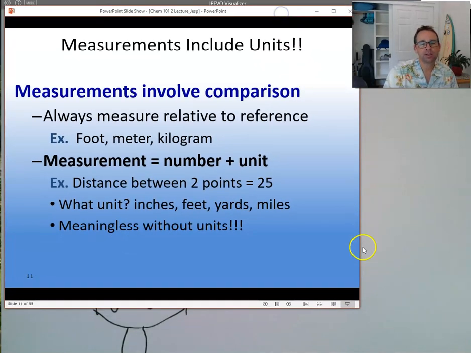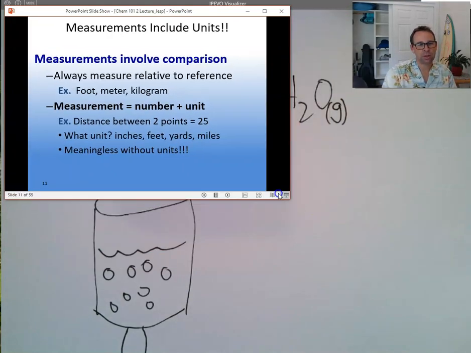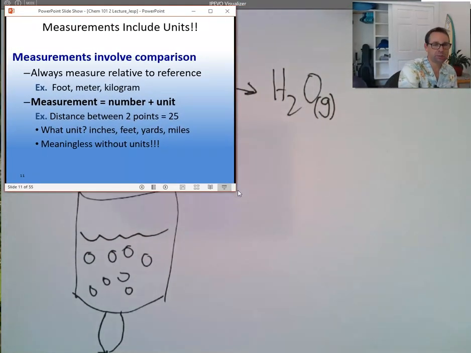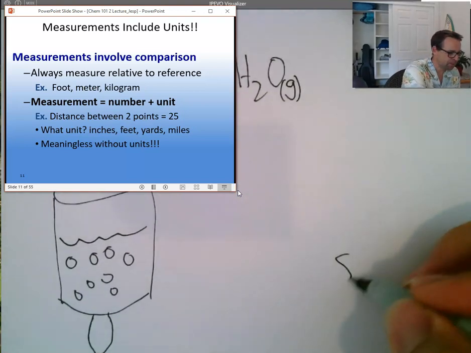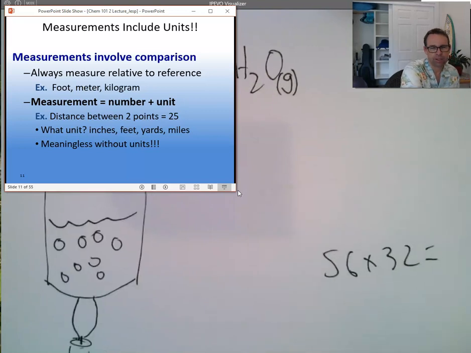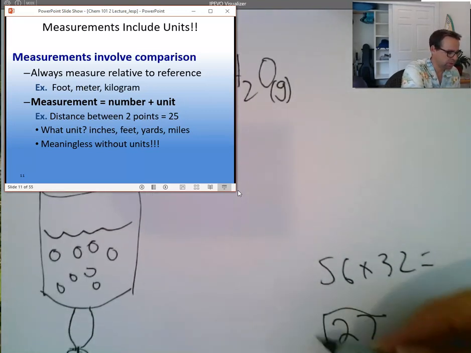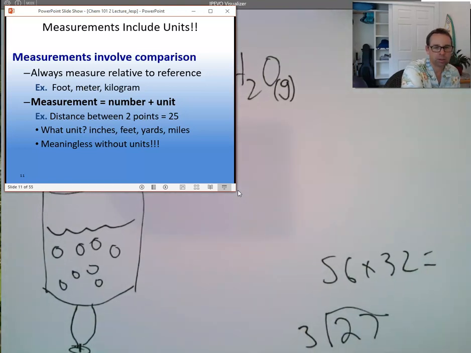Now we've talked about some of the properties that we're going to measure. And now let's introduce the units that we use to measure something. In math, if you do a math problem, it generally is something like this: 56 times 32. And you get an answer. 27 divided by 3.